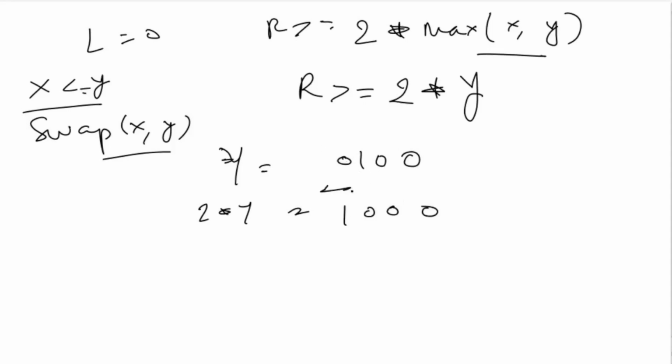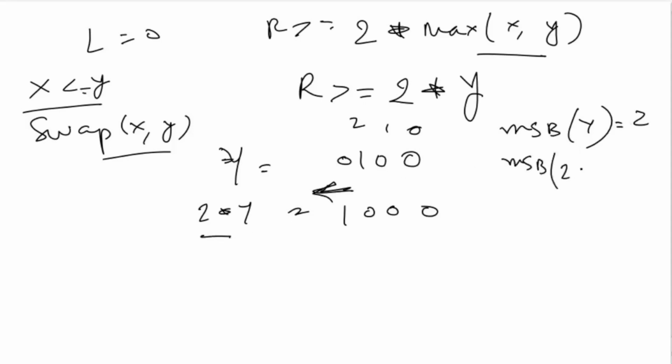So if the most significant bit of y was at position 2, then the MSB of 2 into y is 3.